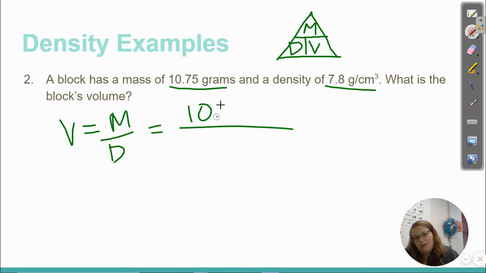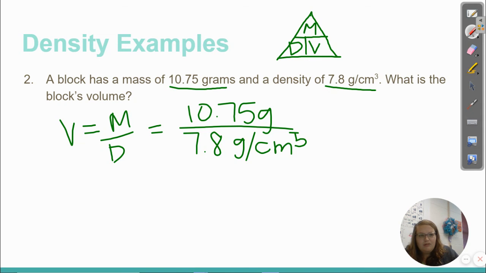So 10.75 grams over 7.8 grams per cubic centimeter. Looks like a 5. There we go. All right, so 10.75 divided by 7.8 gives me this very long number, but I'm going to round to 2 significant figures because that's 2 and this one's 4, so I want 2 significant figures.